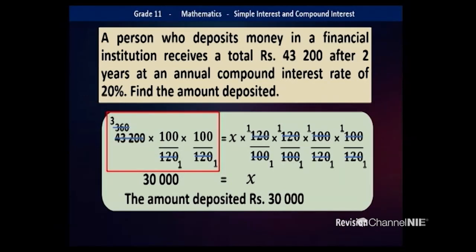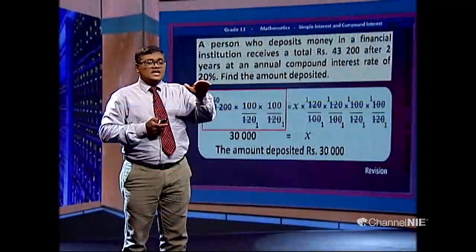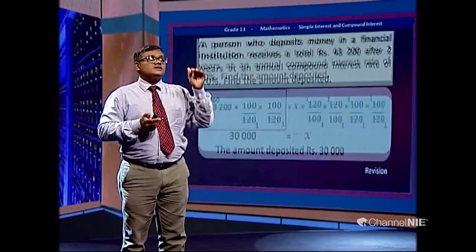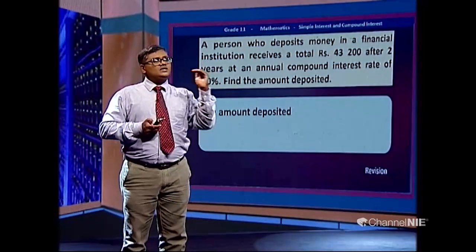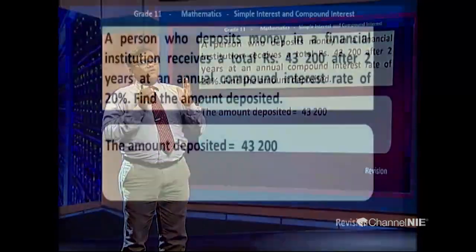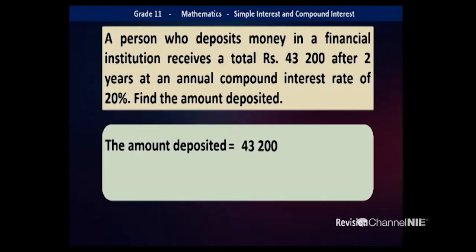That means if you deposit 100, at the end of the year it becomes 120. Backward, at the end of the year 120 means initial amount is 100. You can use that technique to find the amount without going for this algebraic side. See, amount deposited equals 43,200 into 100 upon 120, second year again into 100 upon 120.